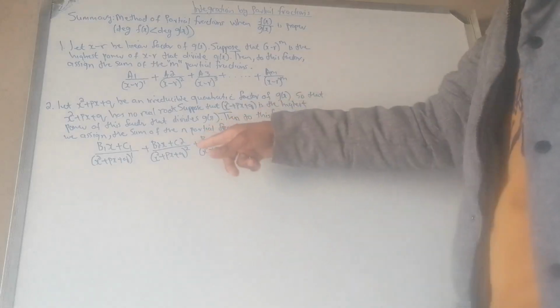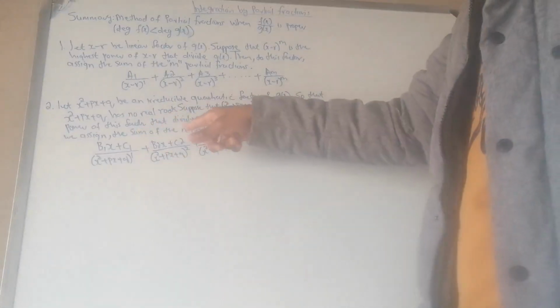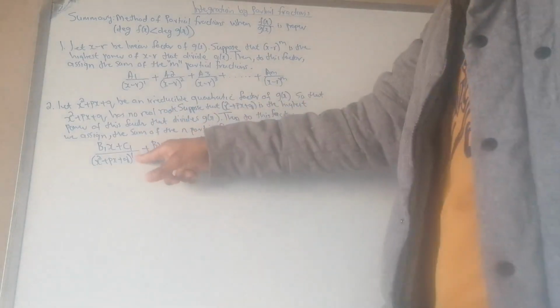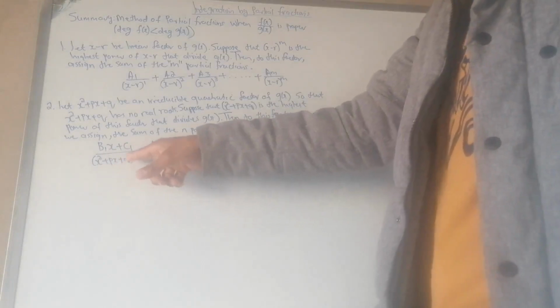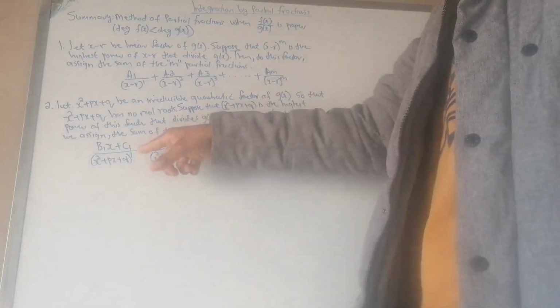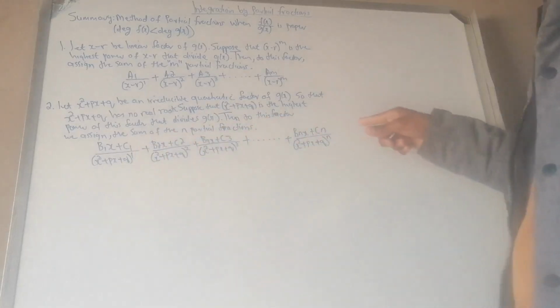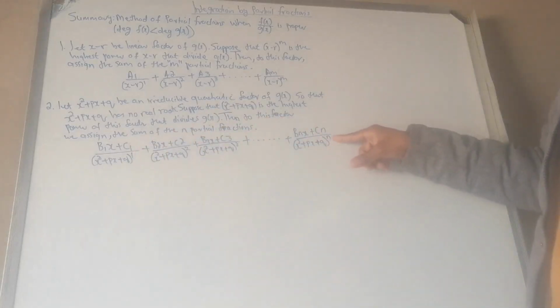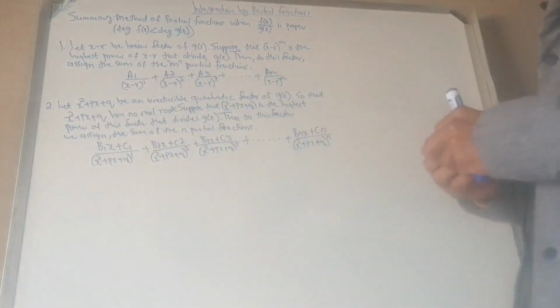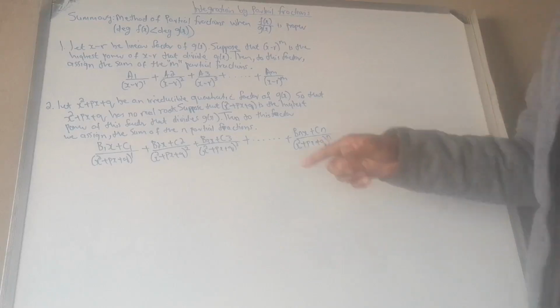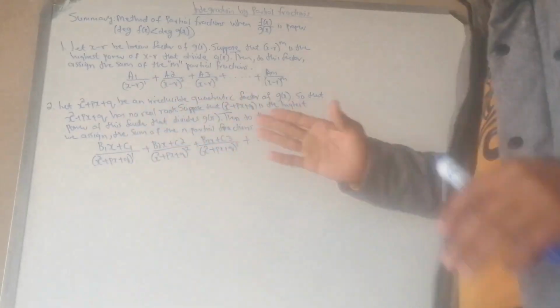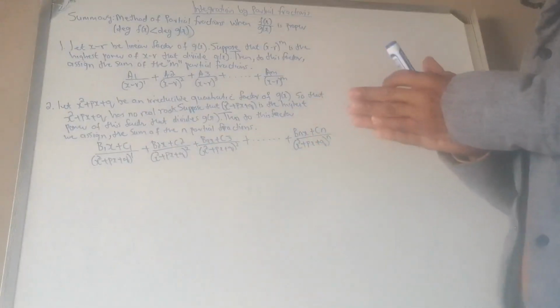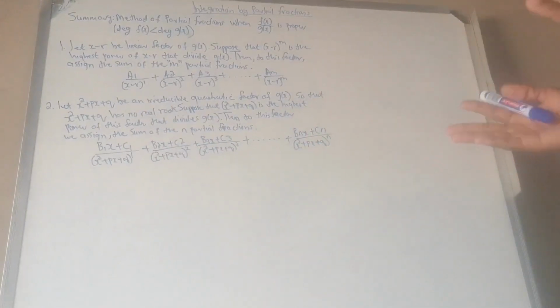The same is happening here. If we say the sum of the n partial fractions, I'm not going to say n plus 1, n plus 2. No. You're going to say x squared plus p x plus q, because that's the irreducible quadratic factor that we have, and then we will assign 1, 2, 3, continuing in that way to the exponent of n. But because we are dealing with a quadratic, we cannot use the alphabet A1, A2, and A3. We will have to do something different from a linear, because a linear and a quadratic are different.